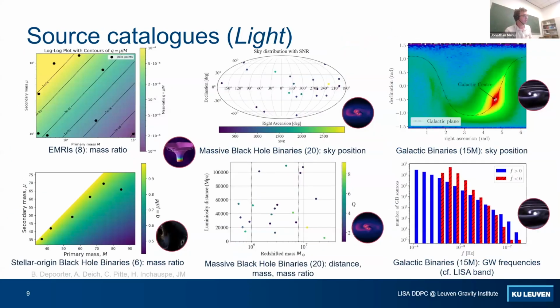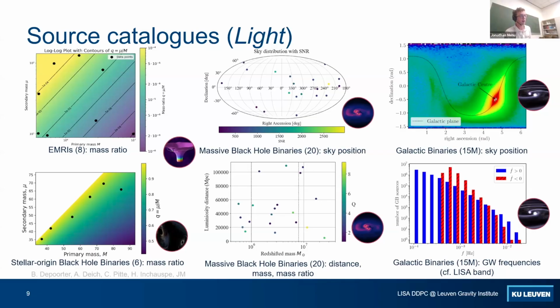Just to give a flavor of the sources that we include, here are some plots of some of the parameters of these Mojito Light sources, or the populations that we assumed. You see, for instance, mass ratios for the MRIs, mass ratios for the stellar-origin black hole binaries, and sky positions of the massive black hole binaries, which are basically randomly positioned on the sky.